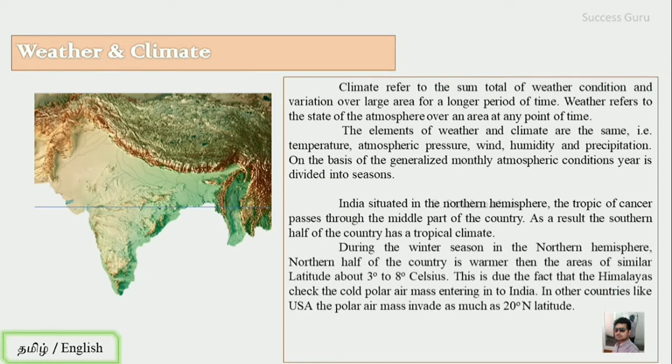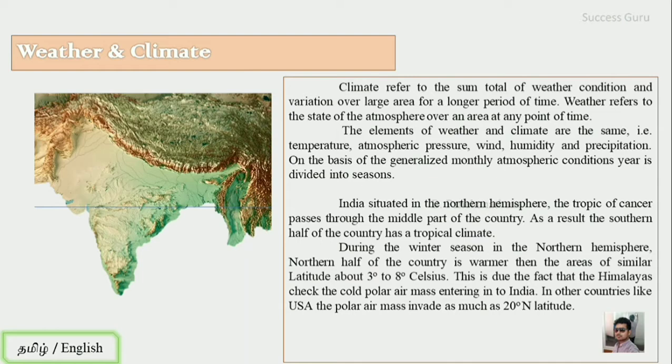And during the winter season, what happens? The northern half of the country is warmer than areas at a similar latitude, about 3 to 8 Celsius warmer than the comparative latitude. This is due to the fact that the Himalayas check the cold polar wind mass from entering India.